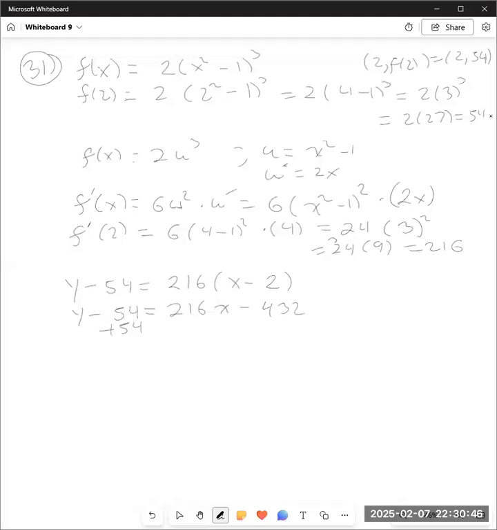Add 54 to both sides. 432 minus 54 is 378. So this is y equals 216x minus 378.